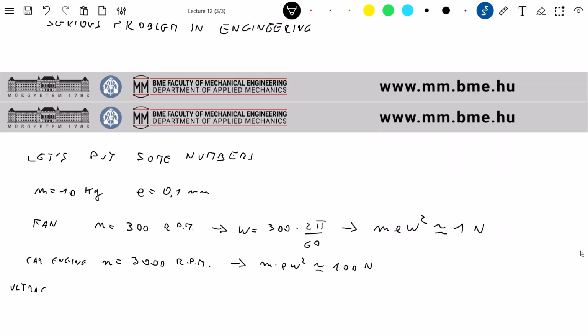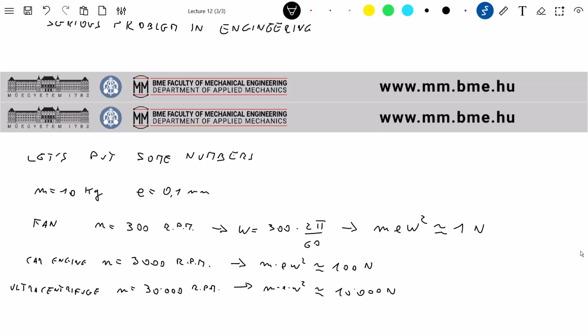In an ultracentrifuge, n can be of the order of 30,000, and in this case m times e times omega squared is close to 10,000 newton.